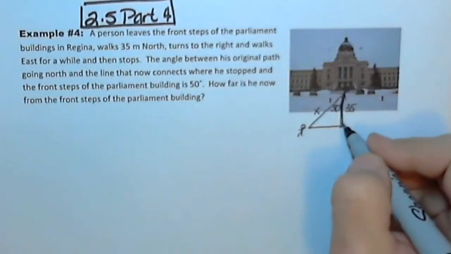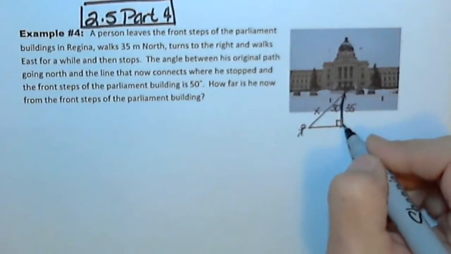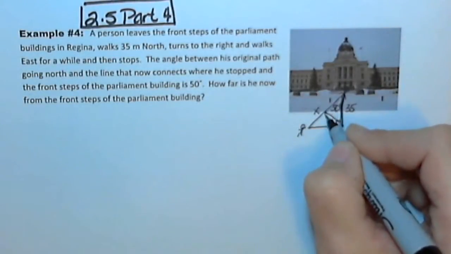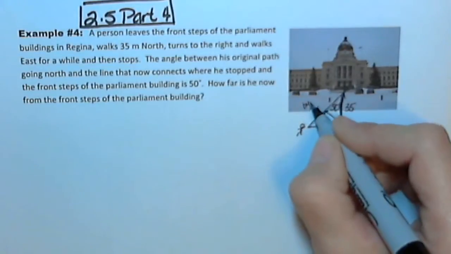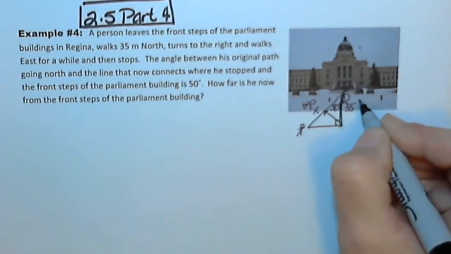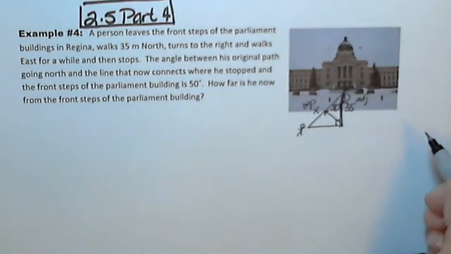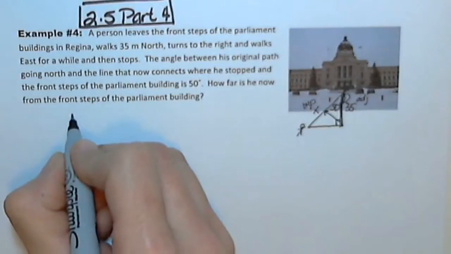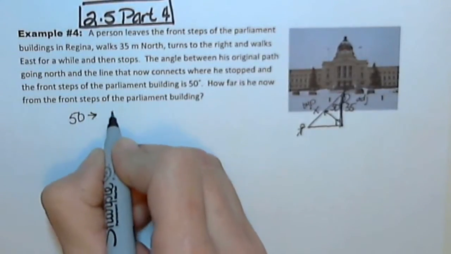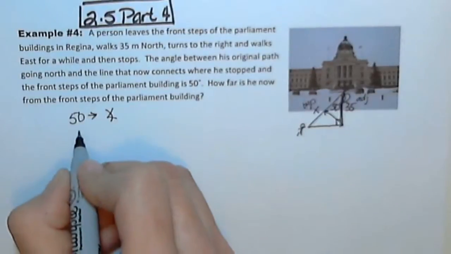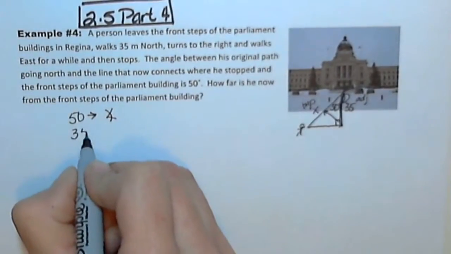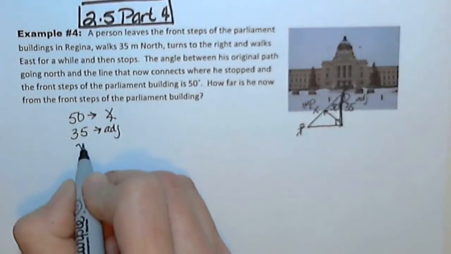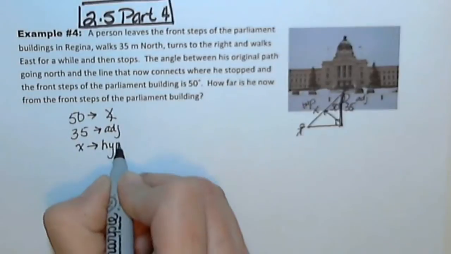Let's label our triangle then. Here's the right angle, assuming that north and east are at right angles to each other, which they are. Here's the hypotenuse. Here is the adjacent. And then I know the angle is 50. So let's fill in what we know. We know that 50 is the angle. We know that 35 is the adjacent, and x is the hypotenuse.